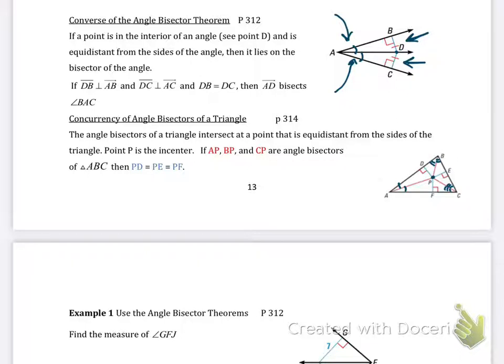And what happens when they all connect is I get this piece equal to this piece equal to this piece. Okay? So that's what's going on inside the triangle. So when you have all three connect, you have a series of resultant measurements. So if I give you the measurement for DP, you then know PE and PF.